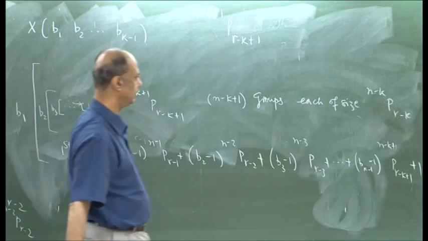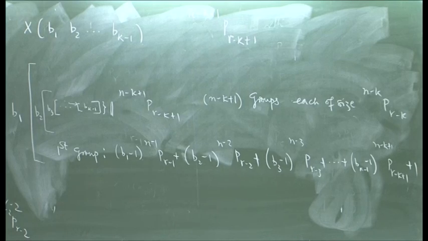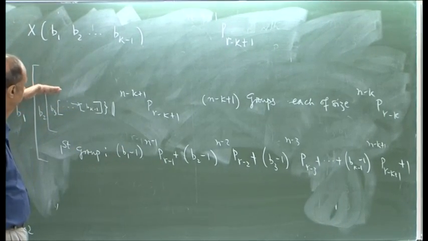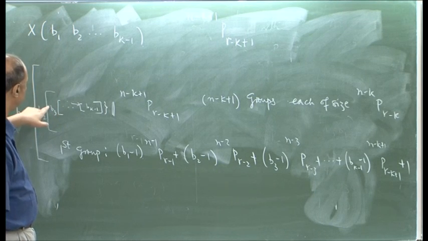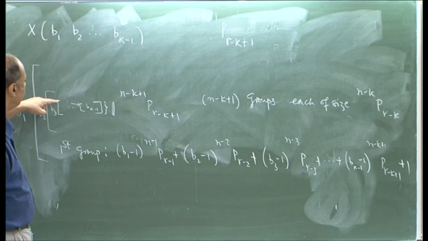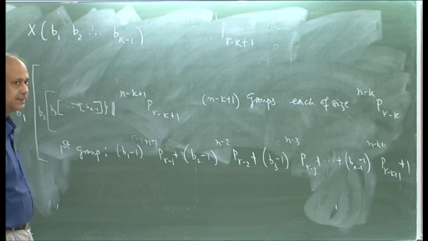That is the starting index. Right? So this is the B1 minus 1, N minus 1, Pr minus 1 coming here. Plus, again you have to go down B2 minus 1, N minus 2, R minus 2, and so on. Plus 1 is the starting index.